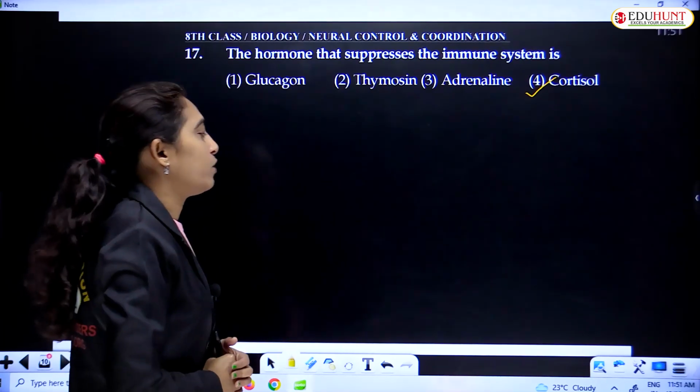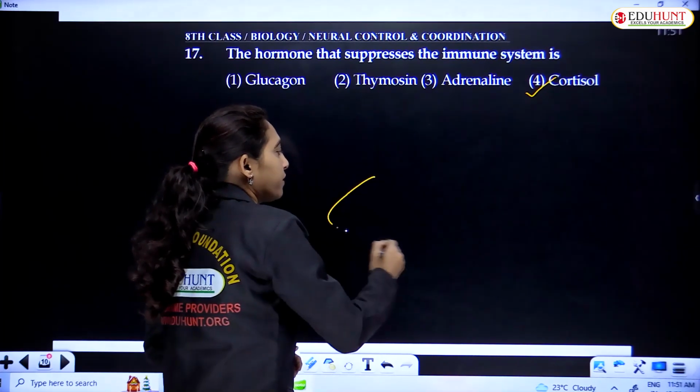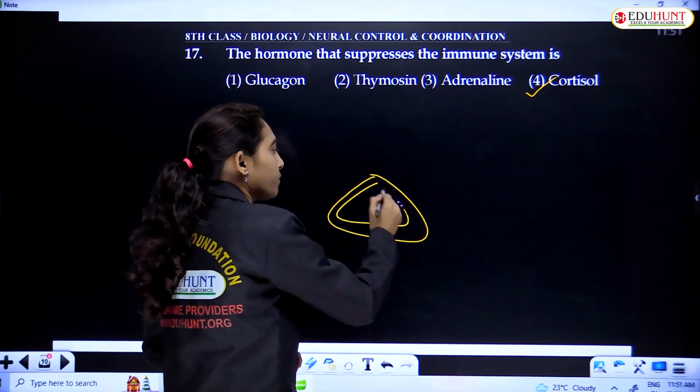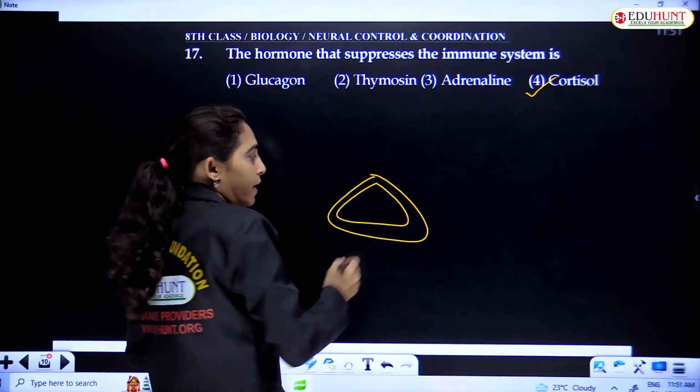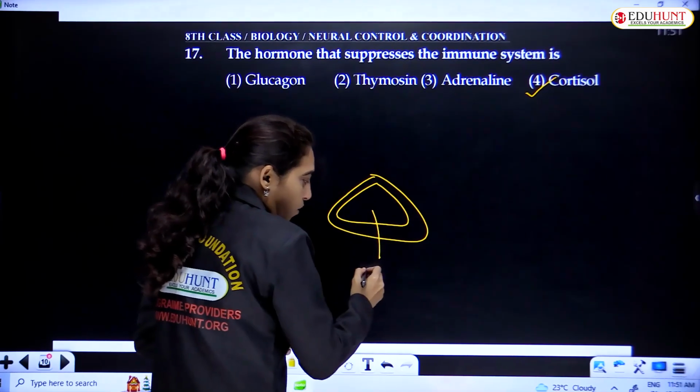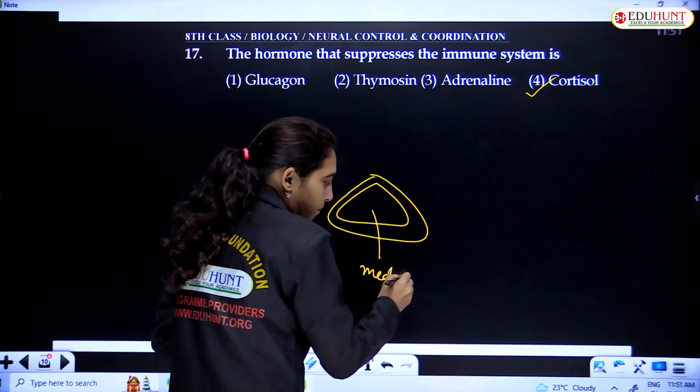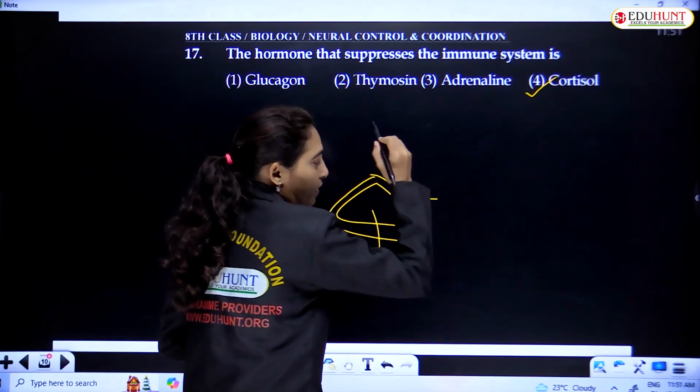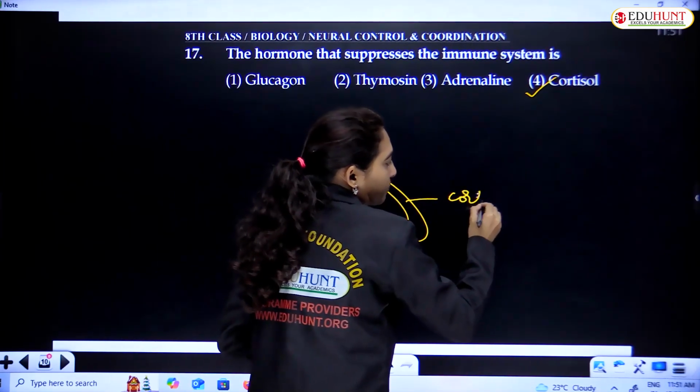We know that there are 2 different regions in the adrenal gland. The central region is called the medulla, and the peripheral region the cortex.